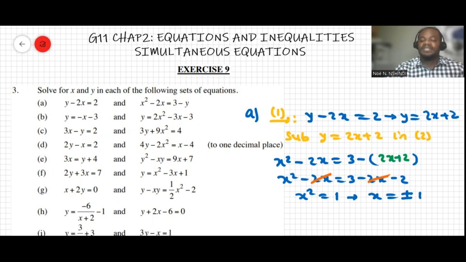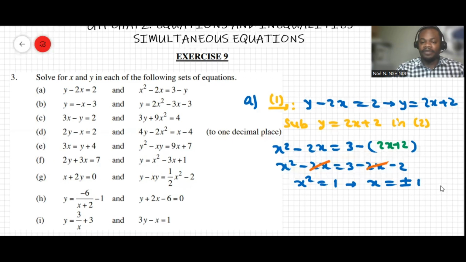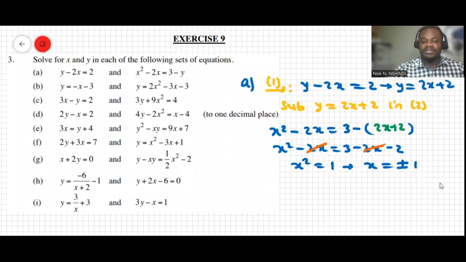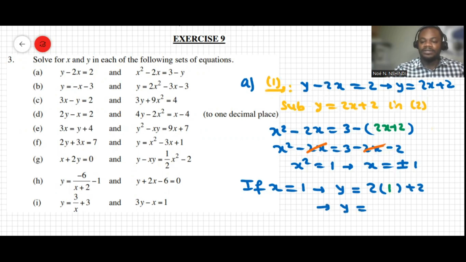Then in this case, now that we have x is plus or minus 1, we need to find the corresponding y value depending on the values of x. So we can say if x equal to 1, then y will be equal to 2x plus 2, we sub 1 there, and then we get y equal to 4.